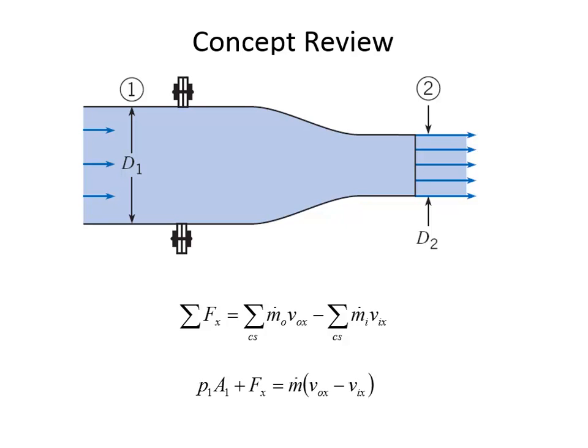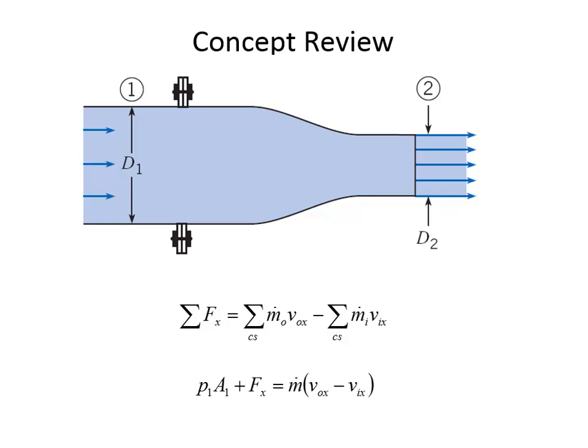And just to tighten things up a little bit, let me make that control volume smaller, just to make it really clear that what we're talking about is here, and then it's changing direction. So the velocity into the control volume, the velocity out of the control volume, the mass flow rate. So it's going to be the mass flow rate times the velocity out in y minus the velocity in y.